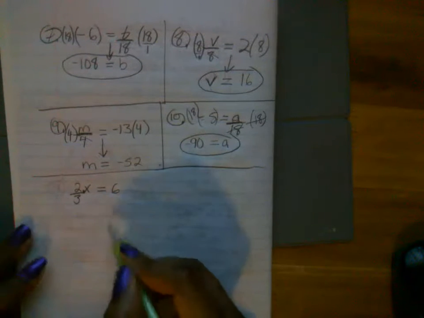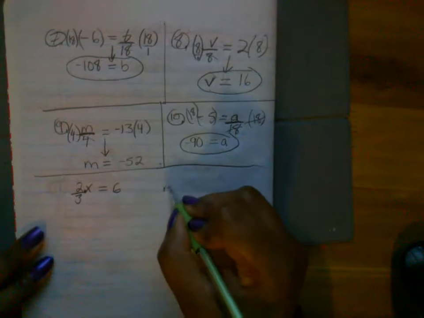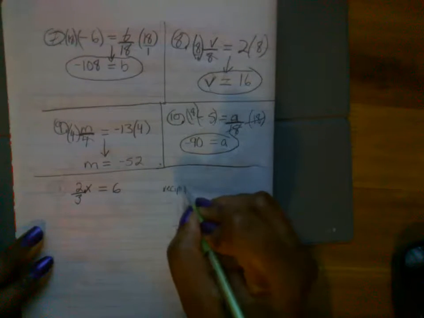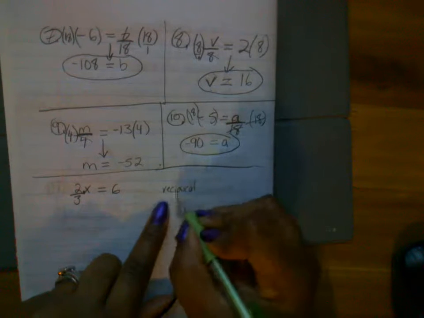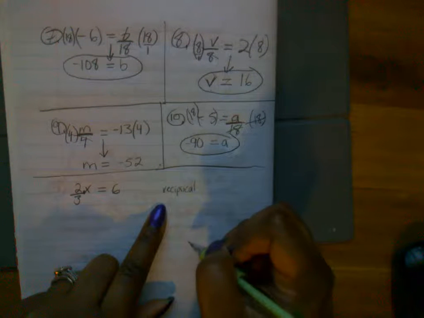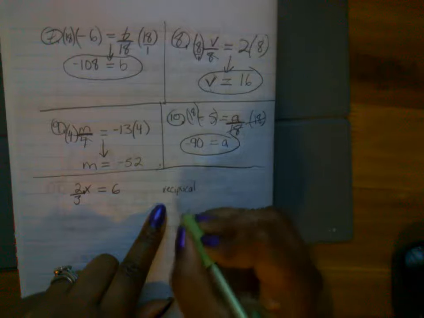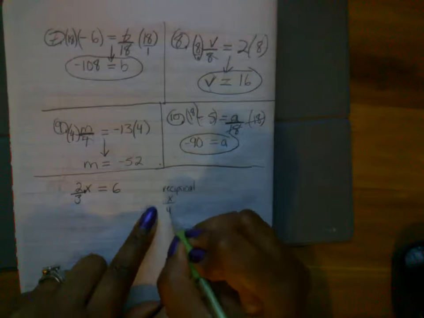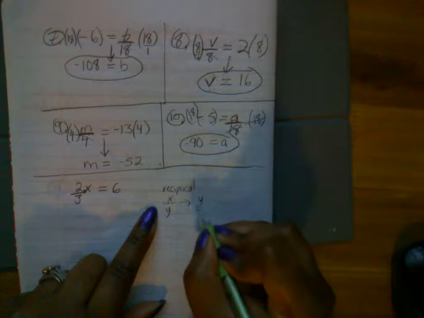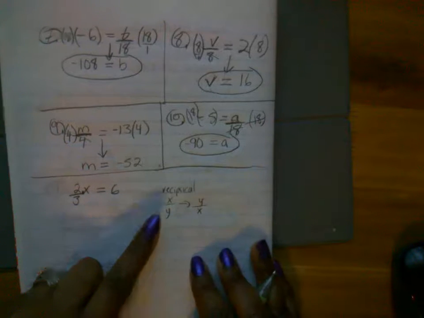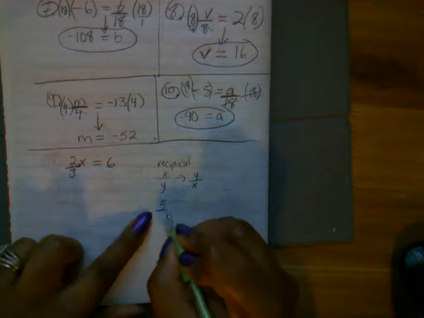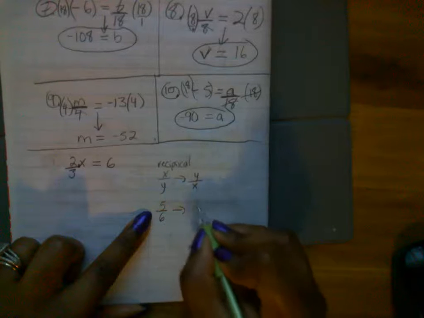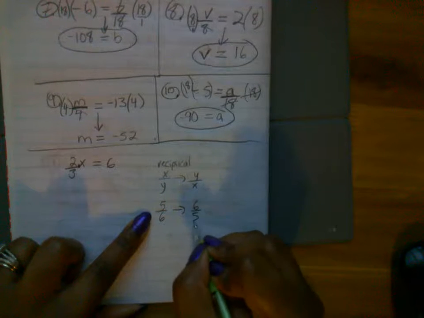Don't forget, the reciprocal of a fraction is when the numerator becomes the denominator and the denominator becomes the numerator. So if I have x over y, the reciprocal is y over x. An example of that would be, if I have 5 over 6, my reciprocal is going to be 6 over 5.